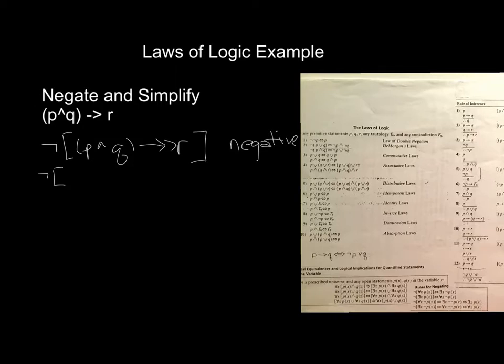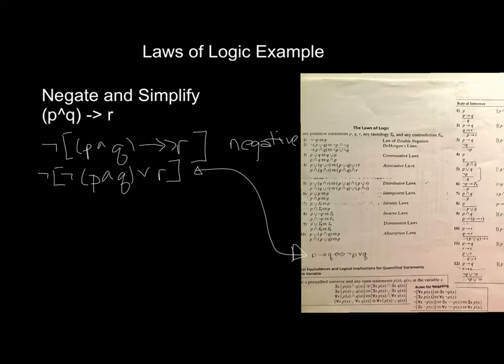So it tells me I take the negation of my premise and I OR with my conclusion. So I'm going to take the negation of my premise, which is P and Q, and I'm going to OR it with my conclusion R. And I will justify it with this step here.